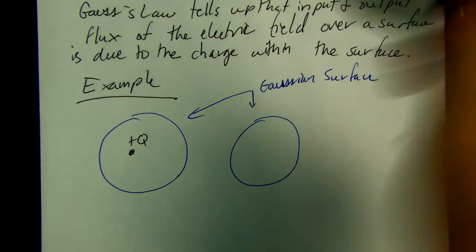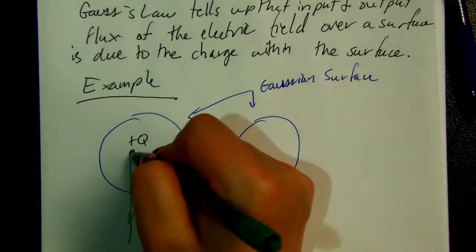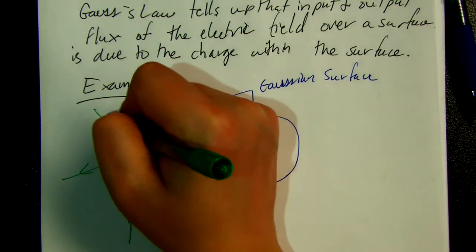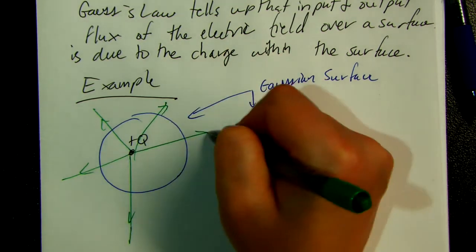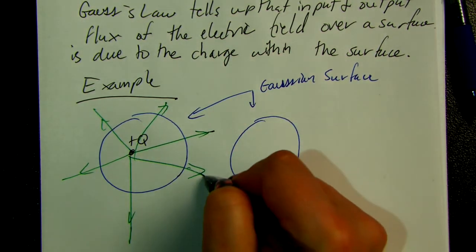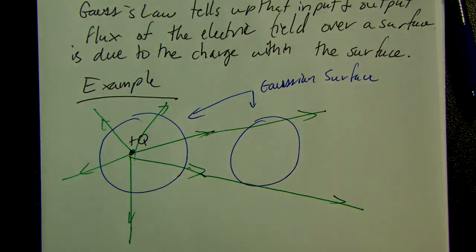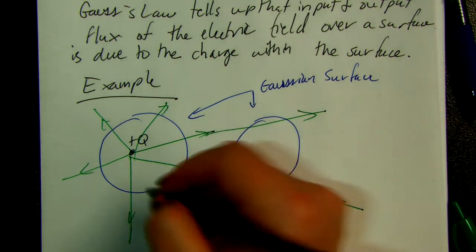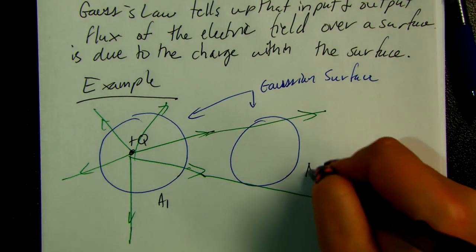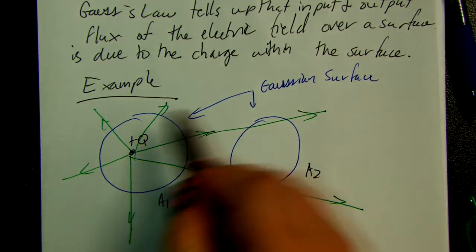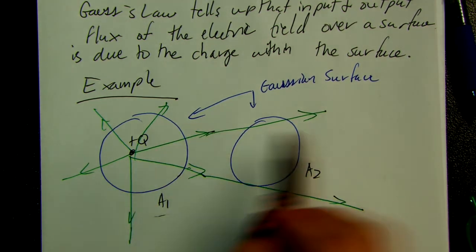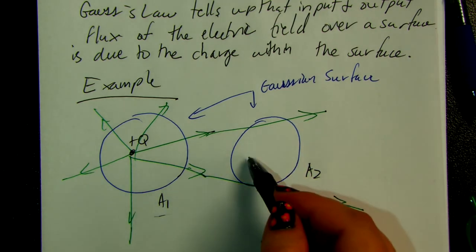All right, so we have the field lines coming from this charge, puncturing this surface, radiating outwards. These keep going. And so we see, this is surface area 1, surface area 2. So we can see that both of these Gaussian surfaces have field lines going through them.